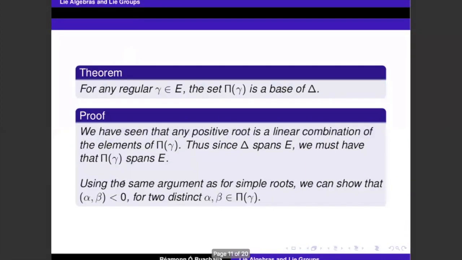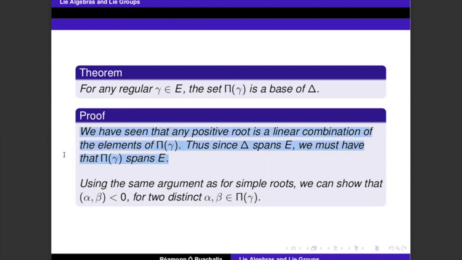And what's left? To prove that this set of positive elements defined in terms of a regular vector gamma is a base, what's left is just that it's a basis of the whole space. So a basis does two things. One, it spans it, but that's easy because that's what we observe here.